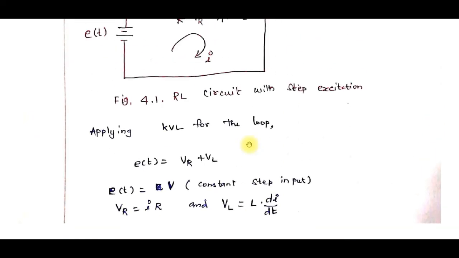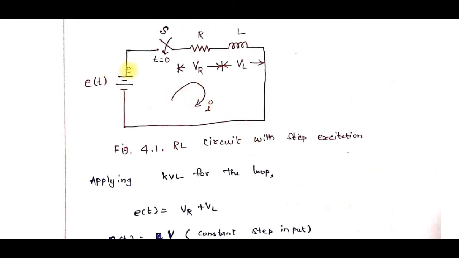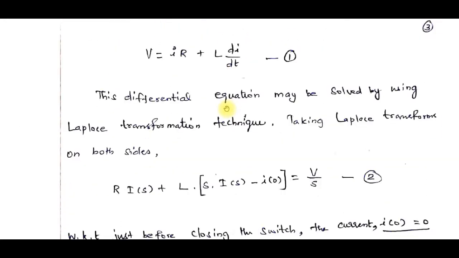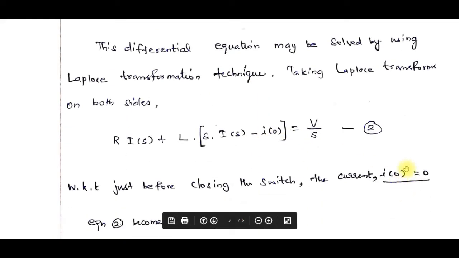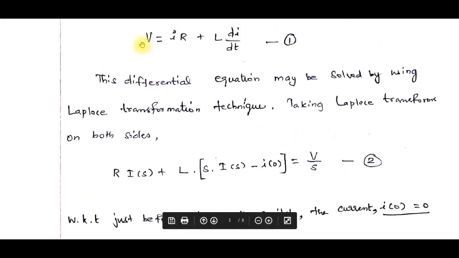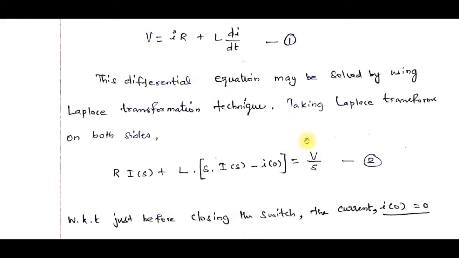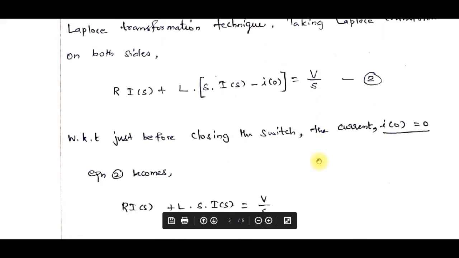Initially the current will be 0, right? Before switching on this switch, the current is 0, so i of 0 is 0. Then V is the constant, so V by s, Laplace transform for constant is 1 by s, so V into 1 by s.